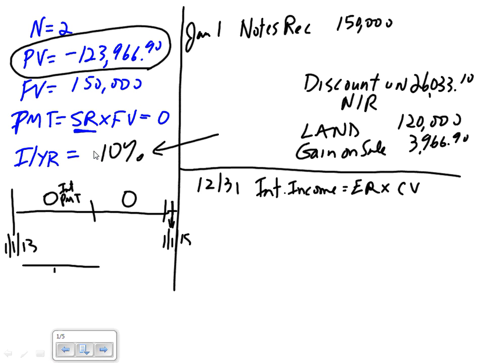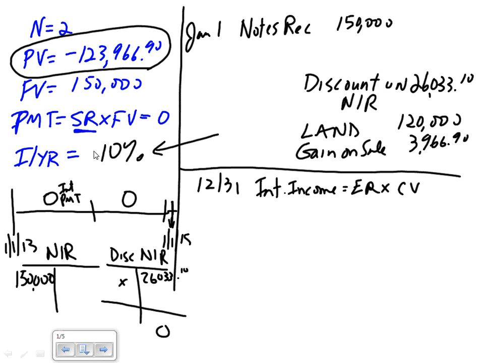Think about these two T accounts: notes receivable, which is on the books at 150, and the discount on notes receivable. That discount started out at $26,033.10. It's going to be amortized to interest income, and it will end up at 0 after 2 amortizations, and then the 150,000 will come at the end.